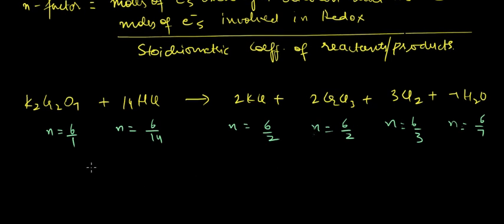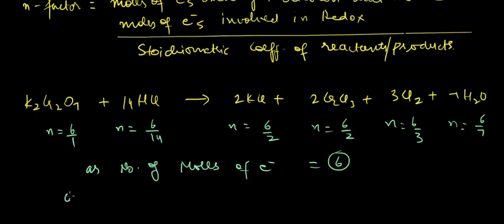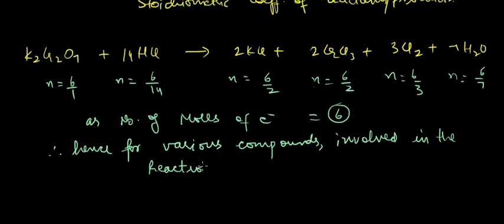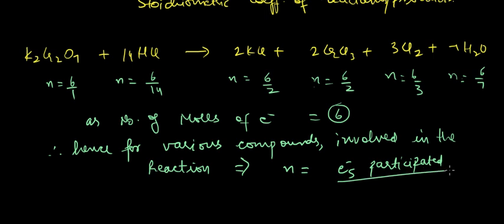Okay, so as the number of moles of electrons participated in the reaction were 6, and similarly for various compounds involved in the reaction, n factor would be number of moles of electrons participated upon stoichiometric coefficient.